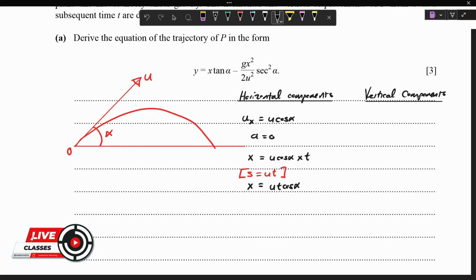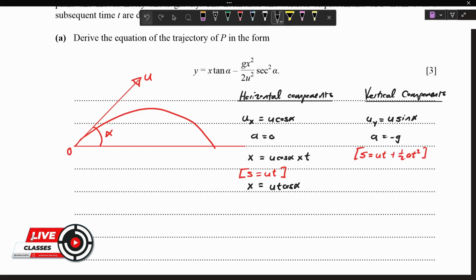For the vertical components, the initial speed is uy. That's u sine alpha. The acceleration is minus g. And we can also consider the distance traveled. So here we can consider s being equal to ut plus half a t squared. So essentially, s is the vertical displacement, which is y.